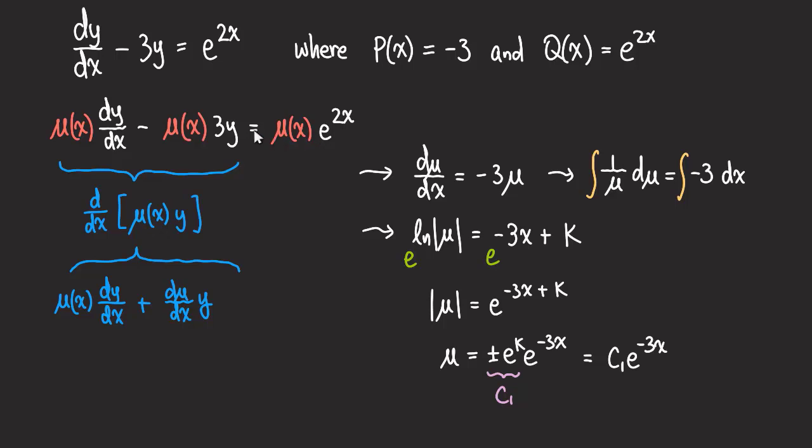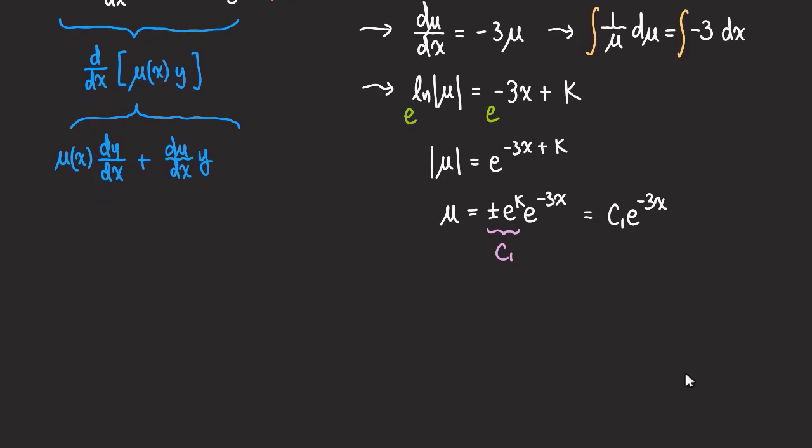The reason is that when we multiply the whole equation by mu of x, whatever constant we choose, you can actually cancel all those constants in this equation. So it doesn't really matter which one you choose. The easiest one that we can choose is to choose C1 to be 1. So we should choose the integrating factor mu to be e to the minus 3x.